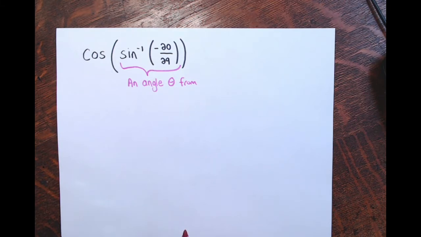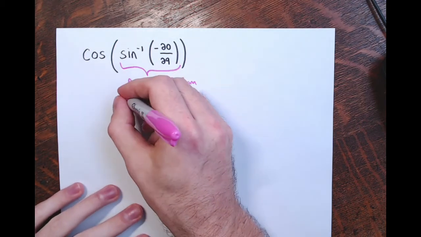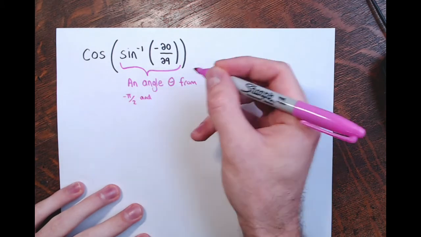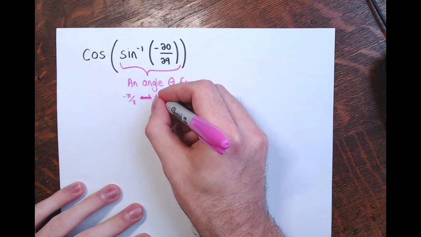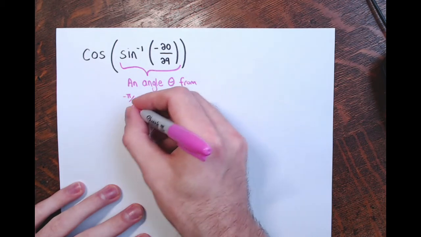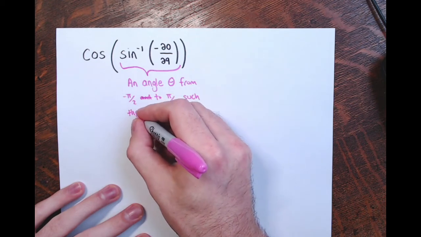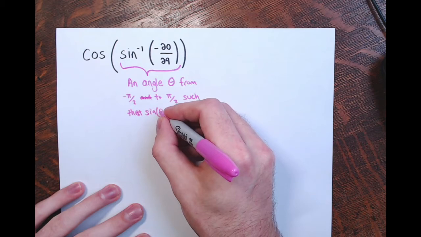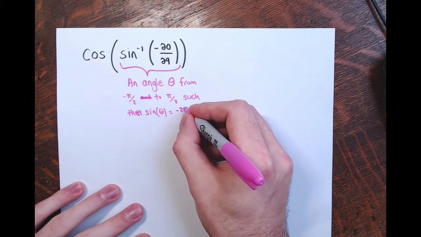Remember the inverse sine of a number will be some angle between negative pi over 2 and pi over 2, from negative pi over 2 to pi over 2, such that the sine of theta is negative 20/29ths.